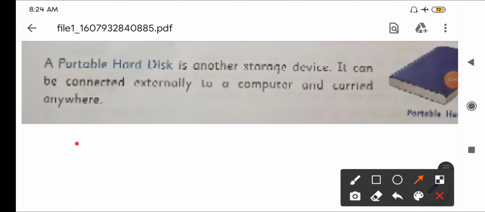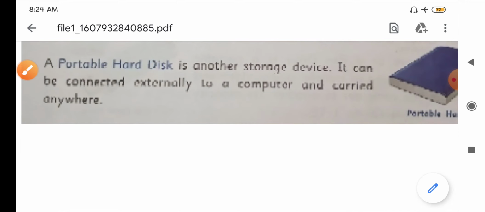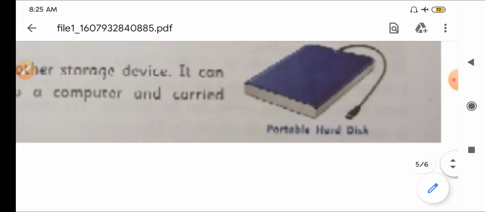The next one is the portable hard disk, another storage device. It can be connected externally to a computer and carried anywhere. You can see this one is a portable hard disk. Why is it portable?